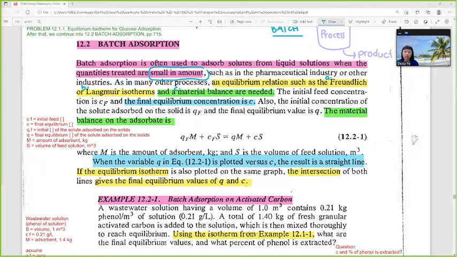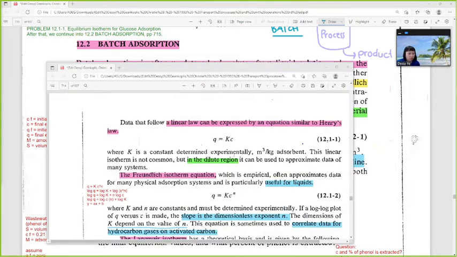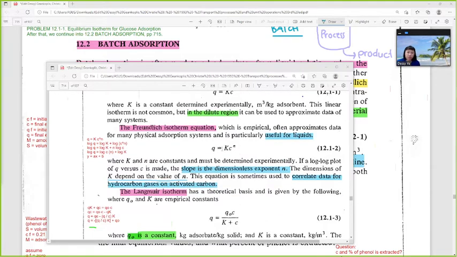Here we don't need the linear law, the first equation. We just use the Freundlich isotherm and Langmuir isotherm here, and then we combine them with the material balance equation.